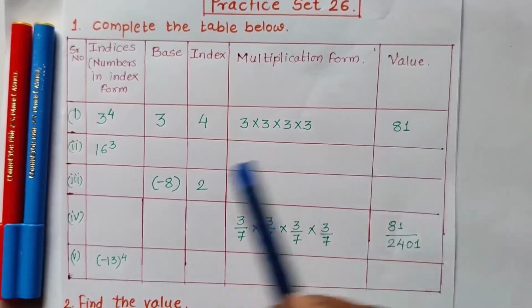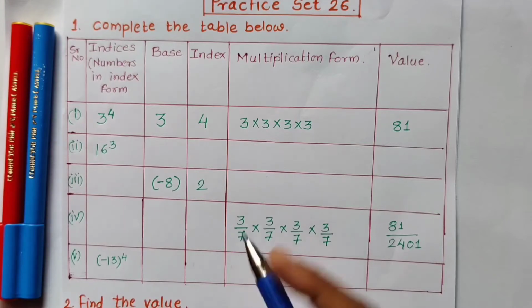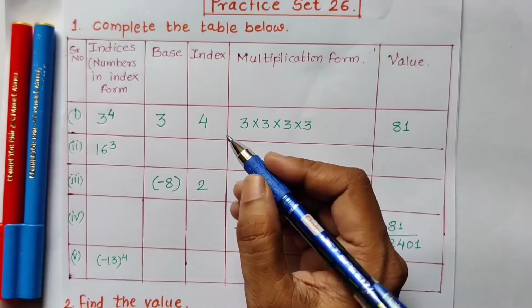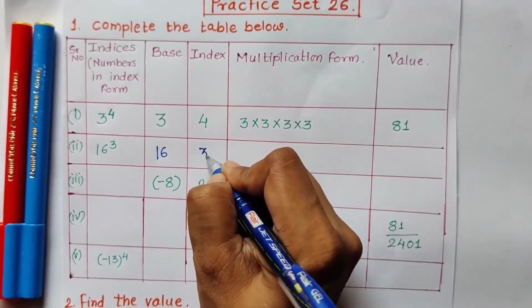Now let us see the second sum. The second sum is 16 raised to 3. So 16 raised to 3, what will be our base? Our base is 16, correct? Our base is 16. Index is 3.